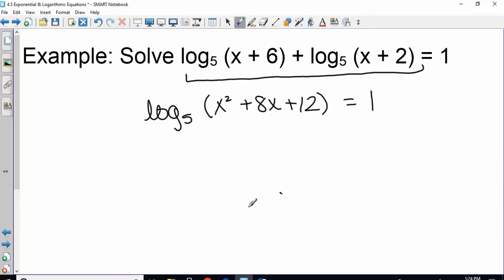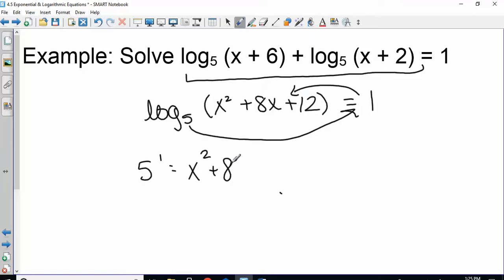Everybody with me? So I can't just drop the log and make it disappear because I don't have one on each side. But think about your definition. We've solved problems involving logs before by changing them into exponential form. So that would still work. So 5 to the first equals x squared plus 8x plus 12.